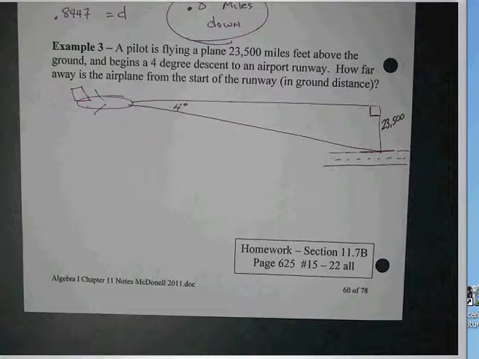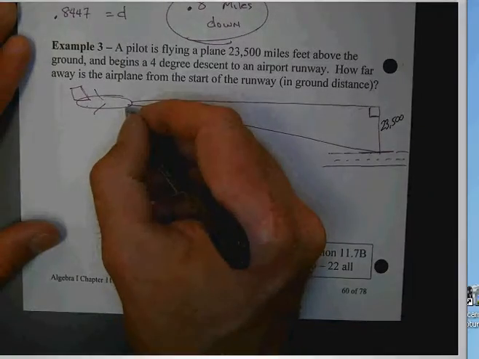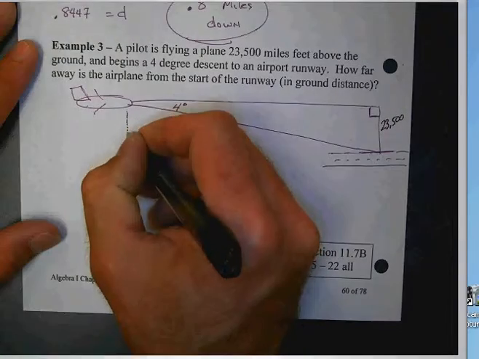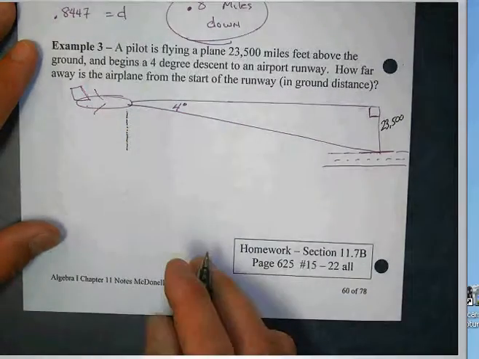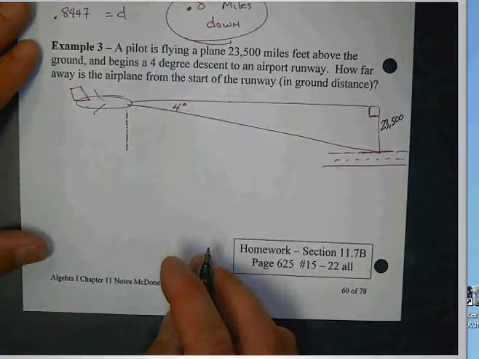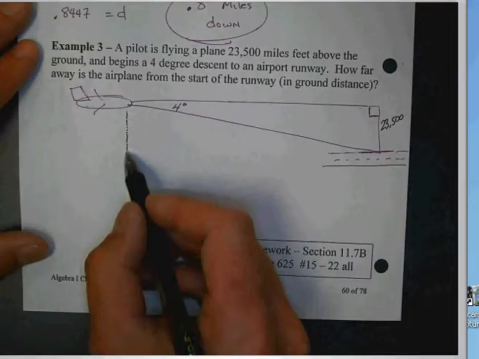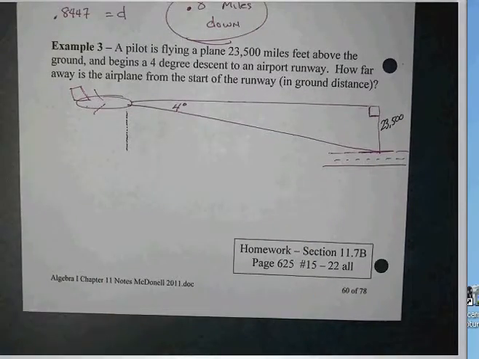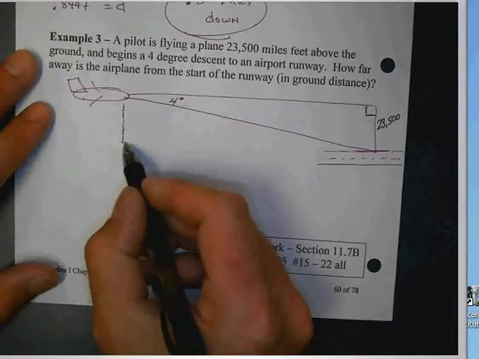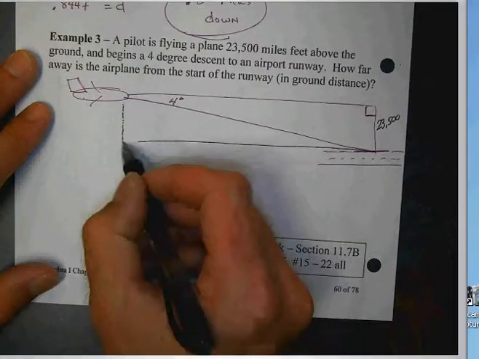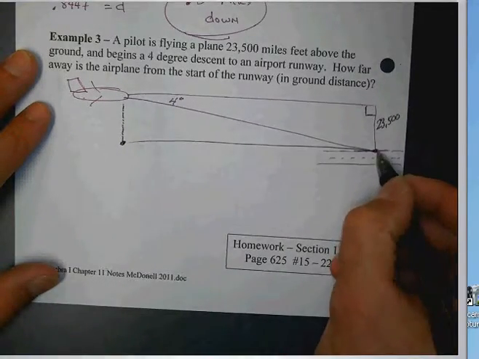If the pilot dropped a rock out, assuming it didn't hit something, it would hit the ground, right? It would fall straight down if the pilot happened to be hovering. That distance from where that rock dropped to where he touches down is called the ground distance.